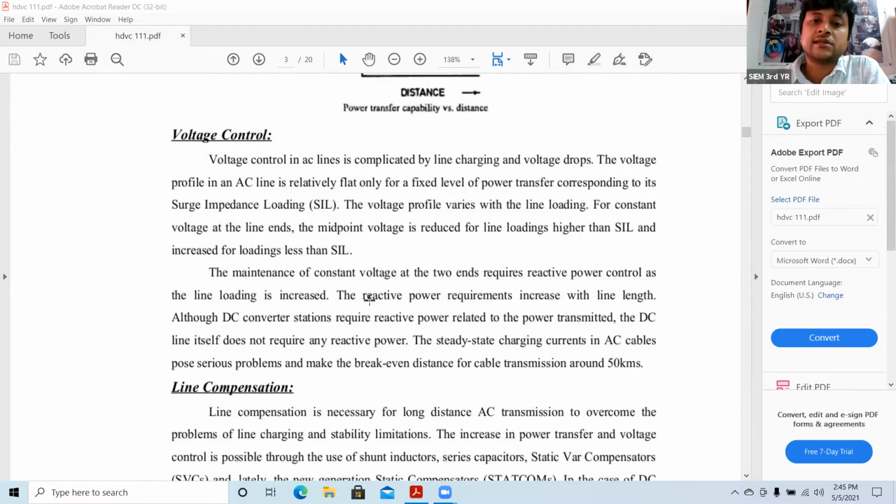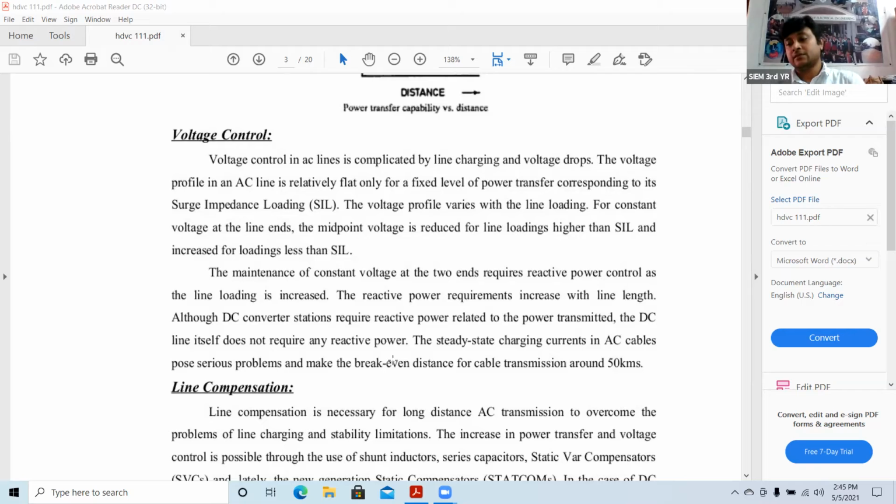Okay, so the reactive power requirement increases with the line length. That means if you increase the line, then automatically the reactive power required is also higher. Although DC converter stations require reactive power related to the power transmitted, the DC line itself does not require any reactive power.